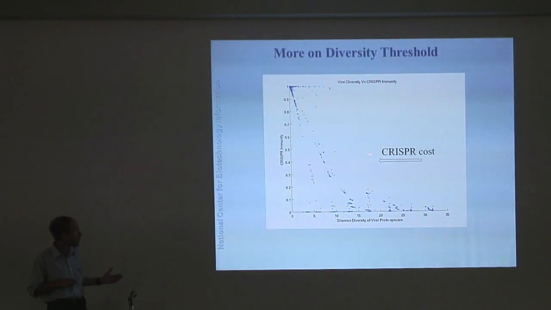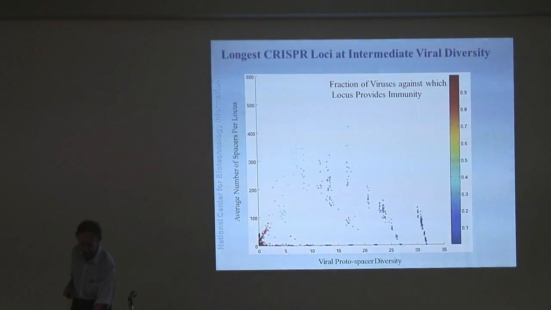And of course, predictably, the greater the cost, the lower diversity is sufficient for the virus to overwhelm the immune system. Notably, we find the longest CRISPR loci, the greatest number of repeats, at intermediate virus diversity, somewhere here.